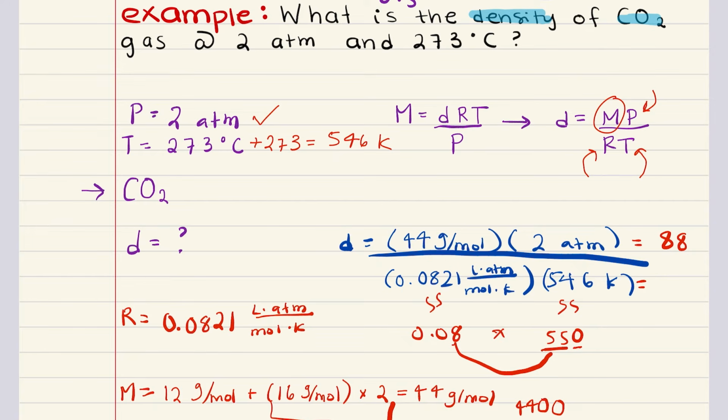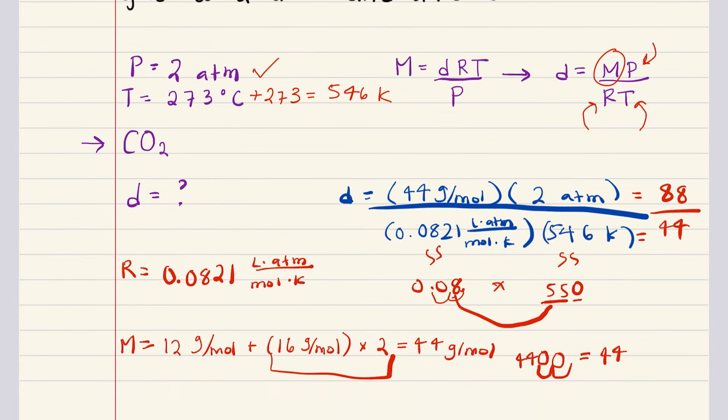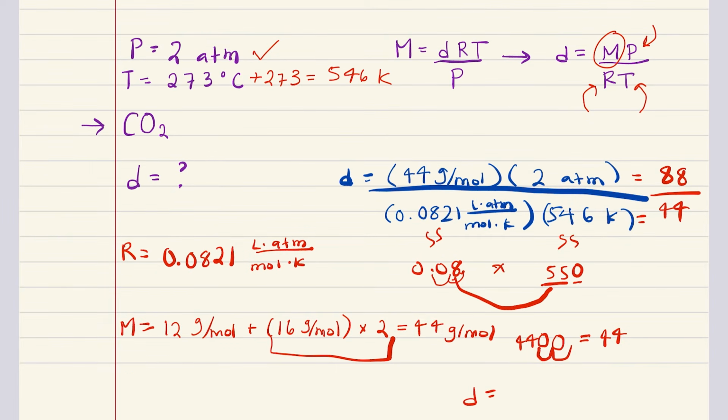And now all we have to do is move the decimal 2 places to the left to accommodate for the fact that we're not just multiplying 8 by 550, we're multiplying 0.08 by 550. So that means that in the denominator, we get 44. So now we have 88 over 44, and that's a really easy calculation. That's just equal to 2. And so our density is going to be equal to 2 grams per liter.